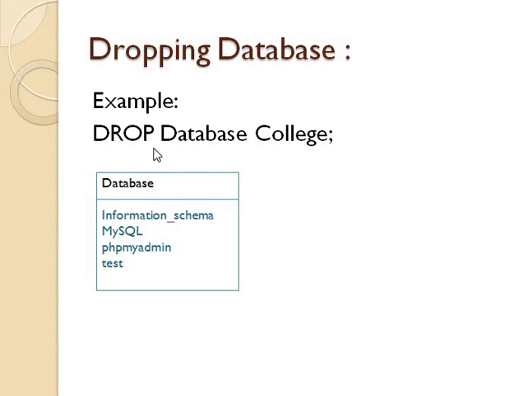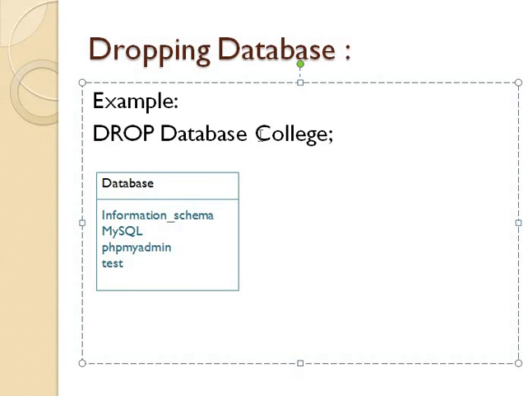And once you execute this statement, drop database college, the database specified by the name college will be deleted from the database directory, and as a result your database named college will be wiped out from this directory.